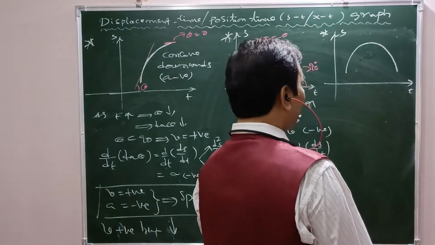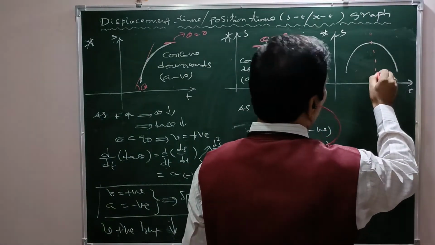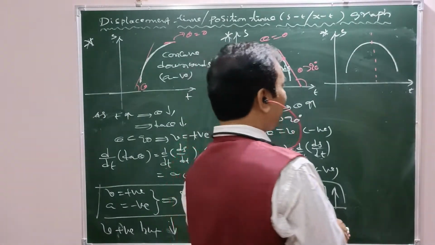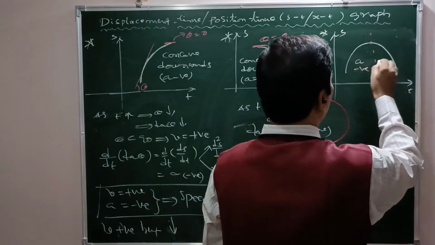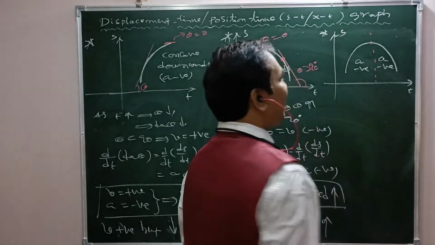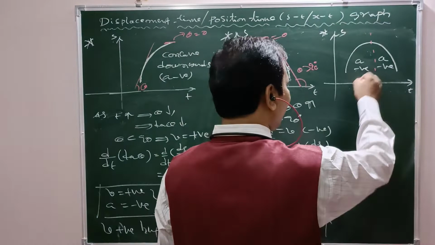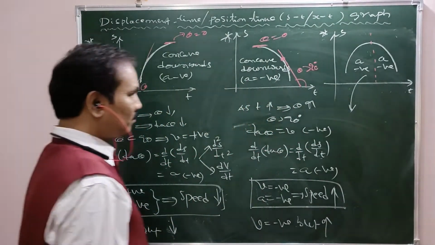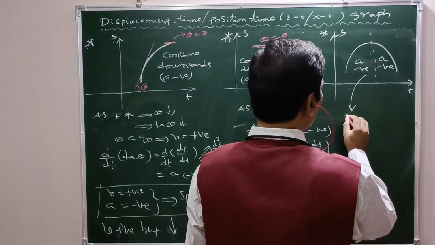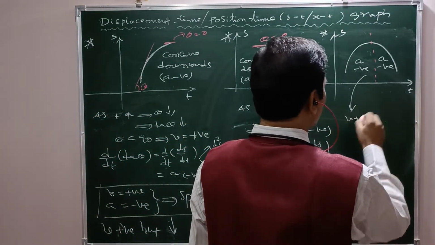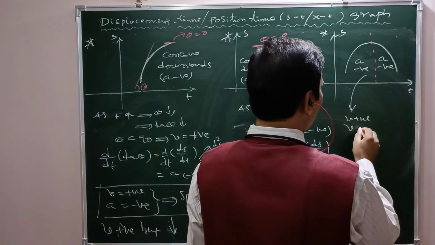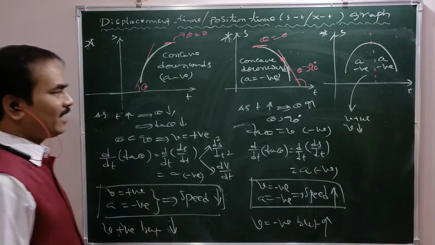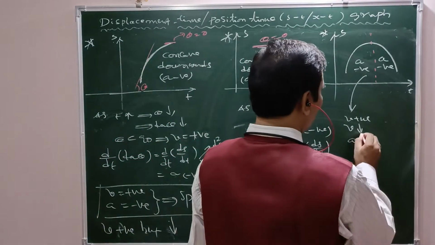Suppose I divide it like that, into first half and next half. In both cases acceleration is negative. Here a is negative, here also a is negative. For the first portion, these are the factors: v positive, v decreasing, a negative.